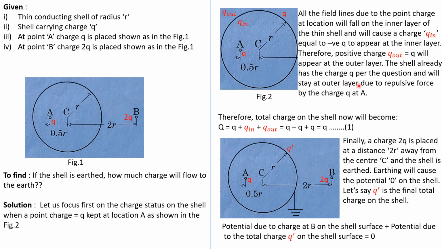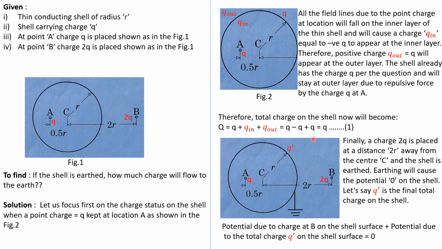The shell already has the charge q per the question and will stay at the outer layer due to repulsive force by the charge q at A. So therefore, total charge on the shell now, if we say it as capital Q, will be equal to small q plus q_in plus q_out. But q_in, we know, will be negative of the q, so minus small q, and q_out will be equal and opposite to this minus q charge, so plus q.